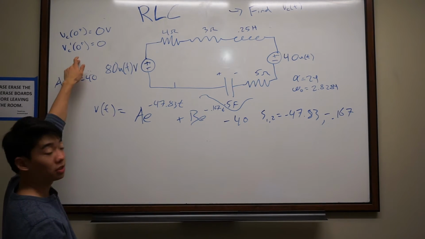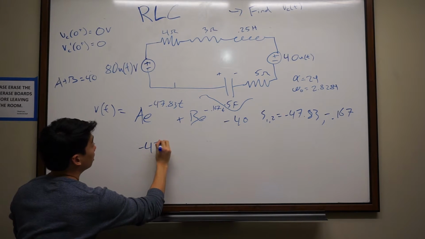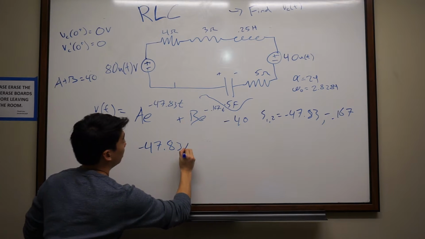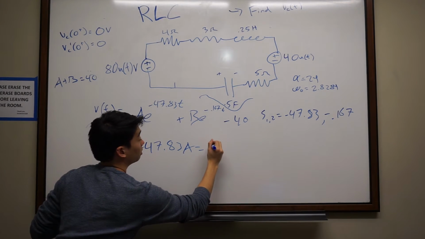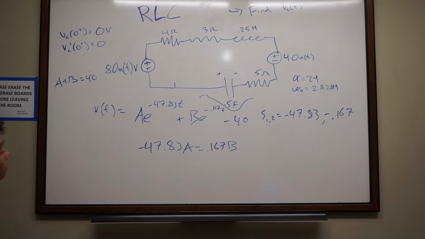Given that the derivative is equal to 0, we know that negative 47.83A is going to be equal to positive 0.167B.